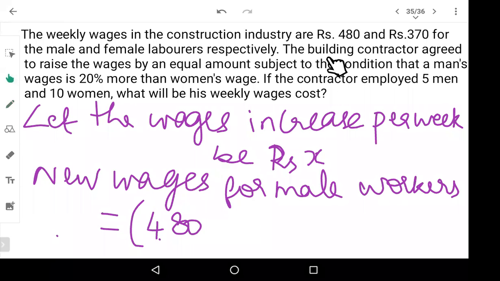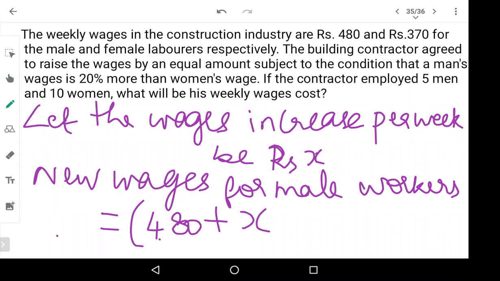The building contractor agreed to raise the wages by an equal amount subject to the condition that a man's wages is 20% more than women's wages. So that increase we have assumed as X. We don't know what that increase is.